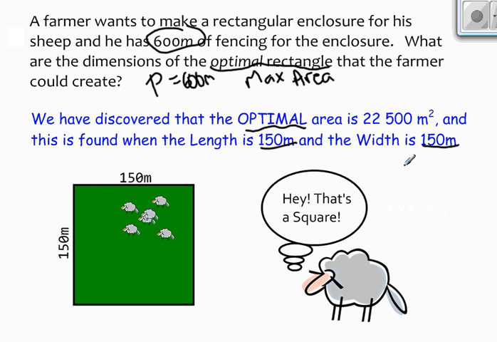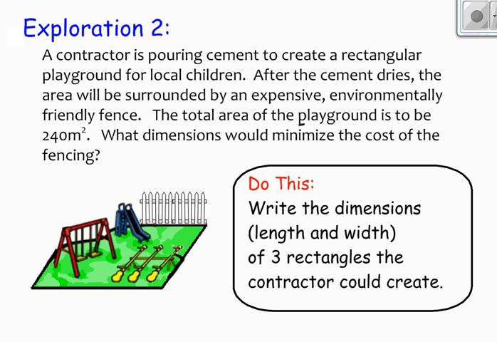And make sure you know a square is in fact a rectangle, so I'm not cheating. A square is just a fancy rectangle. So the fact that it's a square is not a coincidence or just true to this question. The fact that a square is the optimized shape is kind of the point of what we're learning in these videos. So we started to look at a second question, so let's start that again and see where we got.